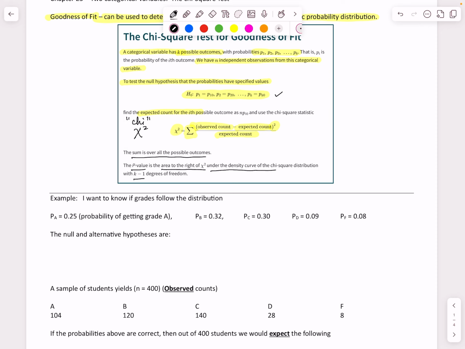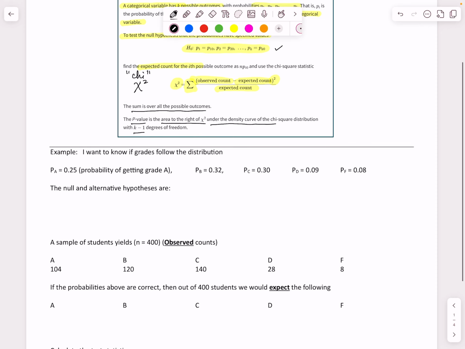It's easy to just show by example. I want to know if grades follow this distribution. The probability a student gets an A is 0.25, the probability they get a B is 0.32, and then the probability of a C, a D, and an F. I want to know if that's correct.